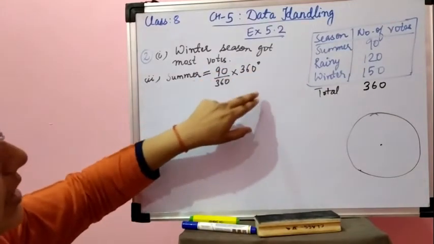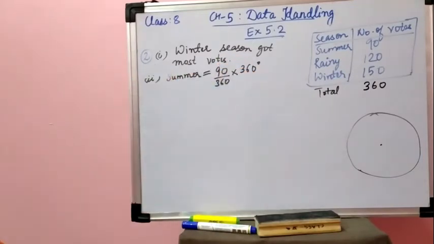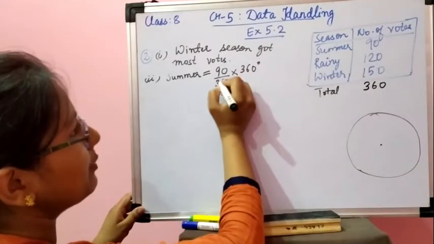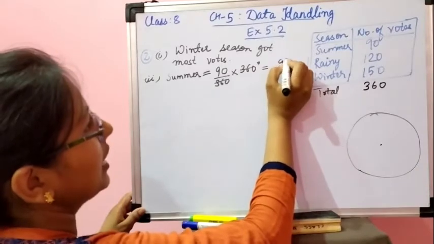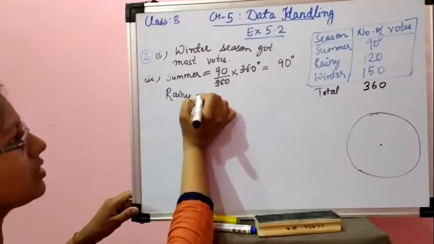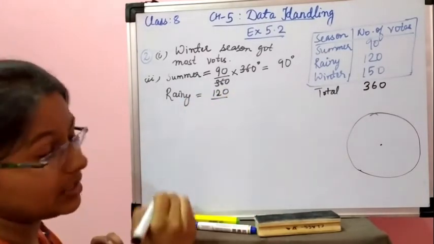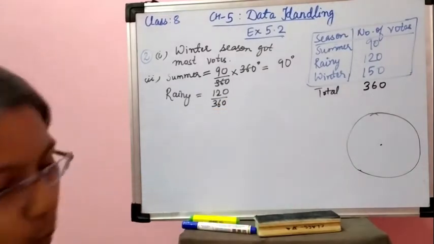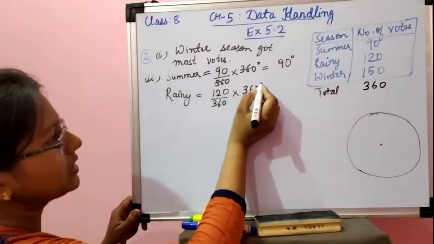From 360 degrees we want to see how much share is for the summer season. So 360 and 360 will be simplified. So it will come 90 degrees. Similarly for the rainy season, the calculation is very easy because in all the cases 360 will be simplified. So again, first the fraction, 120 upon 360 into 360 degrees.